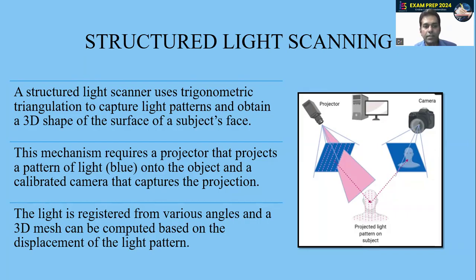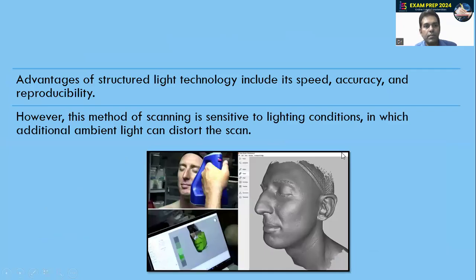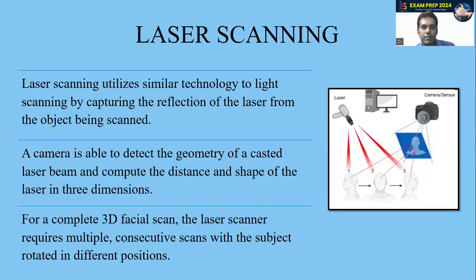The light is registered from various angles, and a three-dimensional mesh can be computed based on the displacement of the light pattern. Now, advantages of structured light technology include its speed, accuracy, and reproducibility. However, this method of scanning is sensitive to lighting conditions, in which additional ambient light can distort the scan.